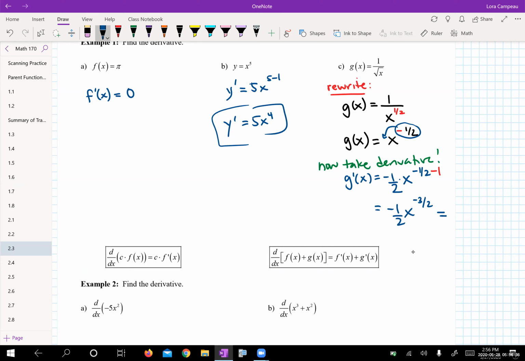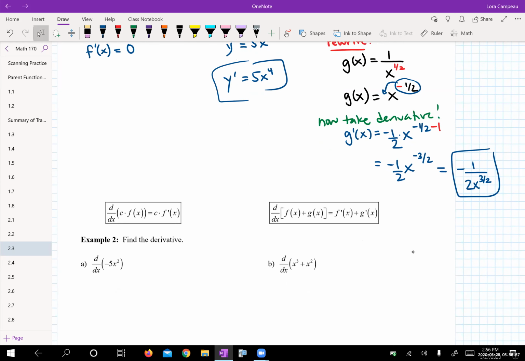We can rewrite x to the negative 3/2 as negative 1 over 2x to the positive 3/2. There's that exponent rule. Now, if we want to take this even further, I feel like that's pretty good in my opinion, but sometimes we're really excited when we see that we have improper rational exponents.